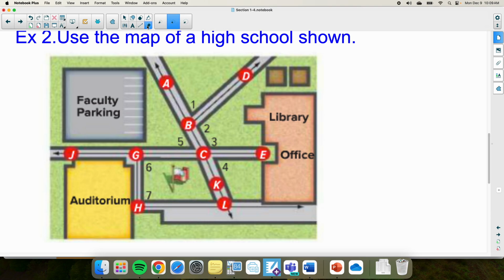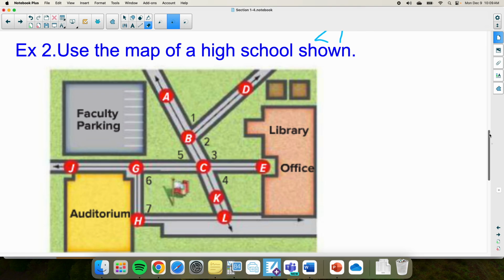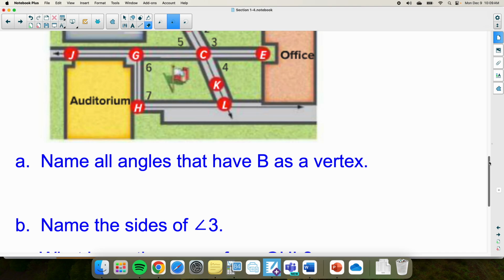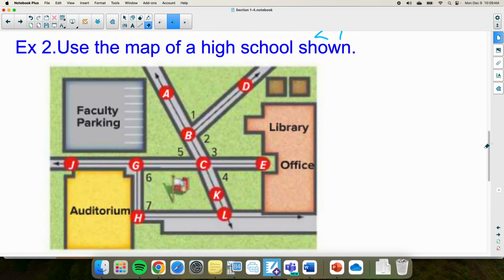Now, when we look at this one, first of all, I want to point out this line right here should be a straight line, and I think when I cut and pasted, it kind of got distorted. So think of this line right here as being a straight line. So here's a map of a high school, and it says, name all angles that have B as the vertex. Okay, here's B, right here.